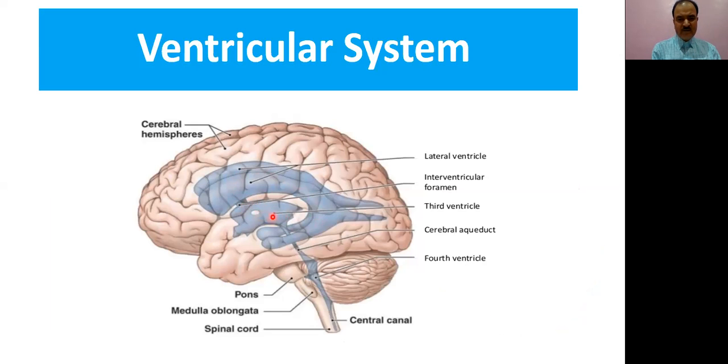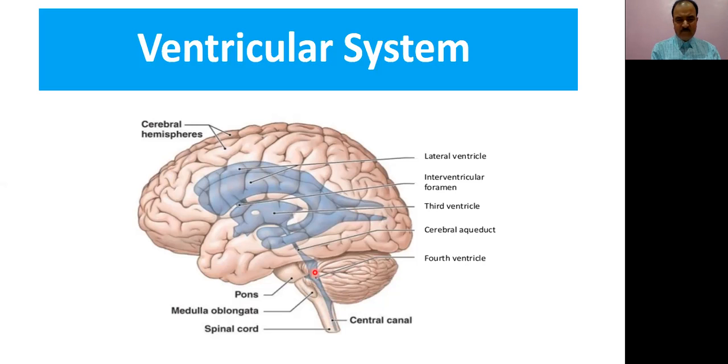Then the third ventricle is connected with the fourth ventricle by the cerebral aqueduct, also called the duct of Sylvius. The fourth ventricle communicates with the central canal of the spinal cord. At the lower end of this central canal, there is a dilatation, called the terminal ventricle.